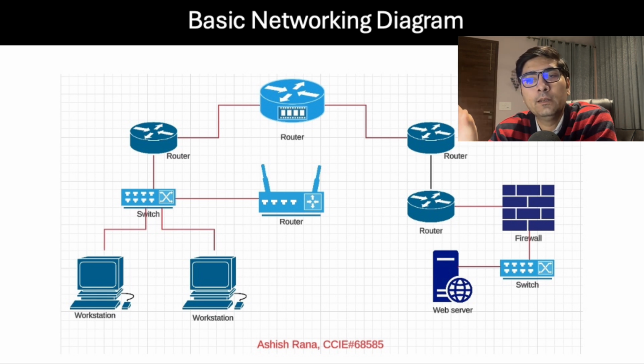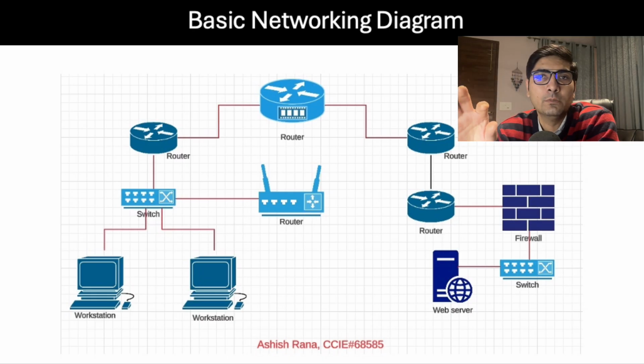It'll be 48-bit engraved into the device itself. It's unique in the world. No two devices can have the same MAC address. Okay, so IP addresses can be changed. Like today I am having one IP, tomorrow I can change it to another one, but the MAC addresses will remain with me. But we use IP addresses to communicate because these are easy to remember.